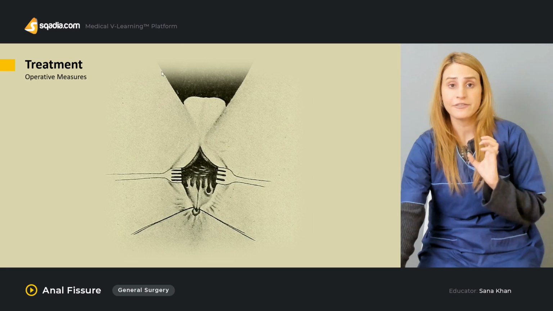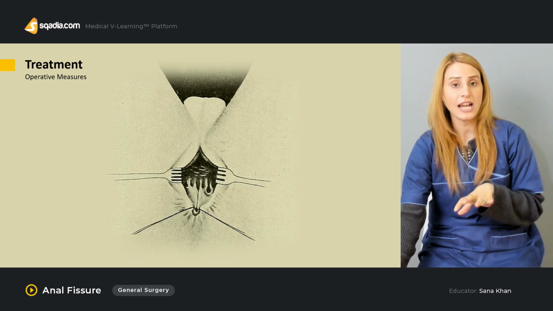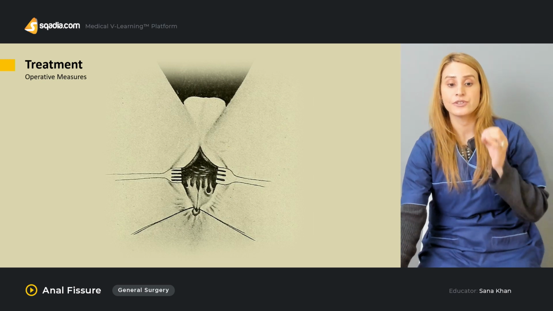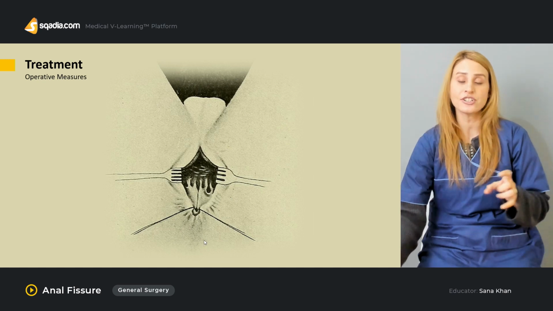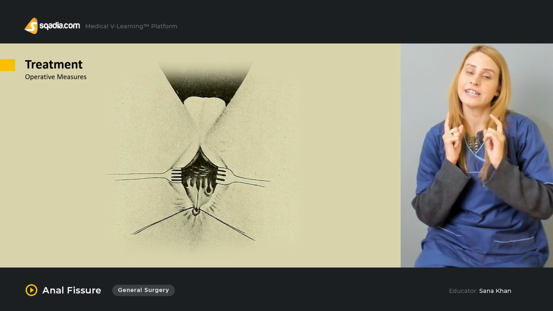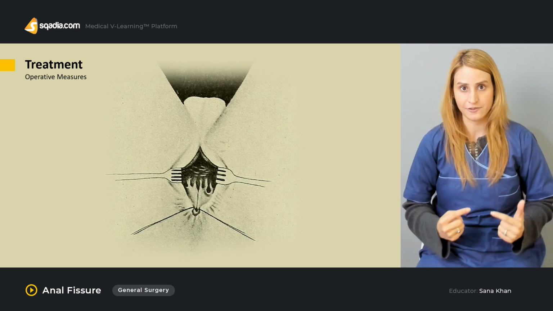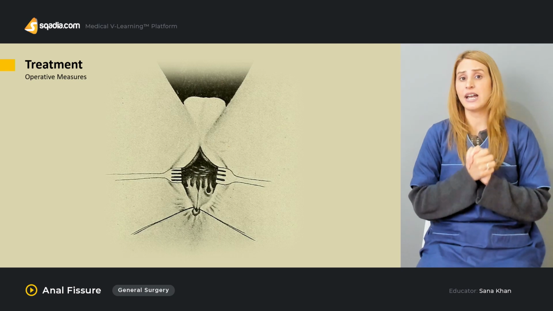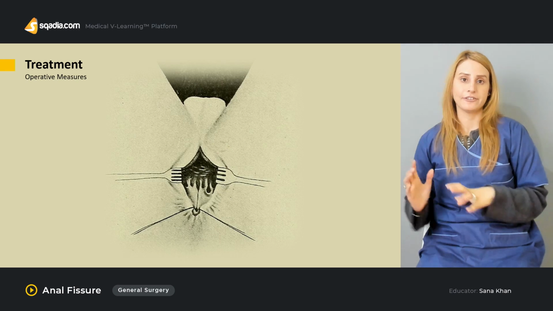Whether you're doing a closed technique or the open technique, what you have to do is find the intersphincteric groove. The intersphincteric groove is a plane, or a groove, present between the internal anal sphincter and external anal sphincter. So you have to do the dissection between the submucosal plane and the intersphincteric groove.